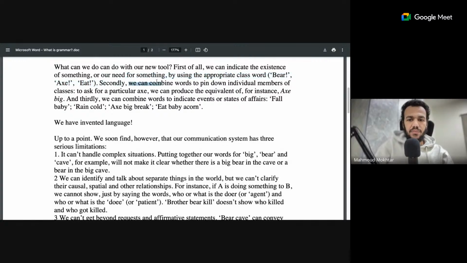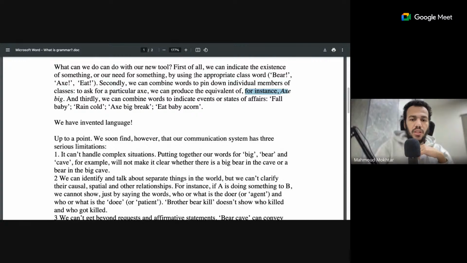Secondly, we can combine words to pin down individual members of classes. To ask for a particular axe, we can produce the equivalent of, for instance, axe big.